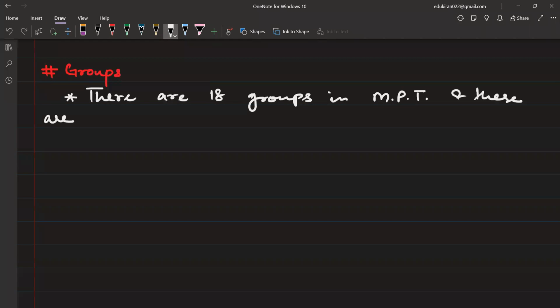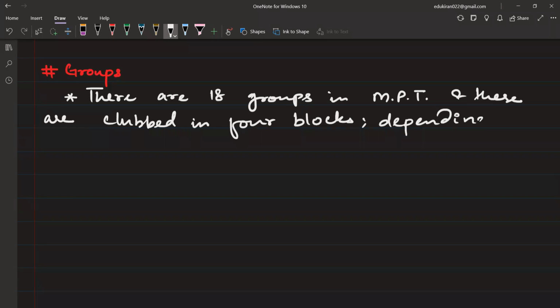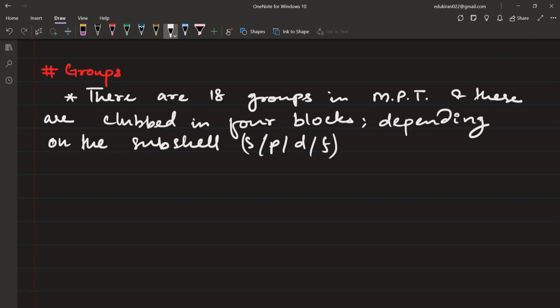And these are clubbed into four blocks, depending on the subshell, S or P or D or F, that receives the last electron.